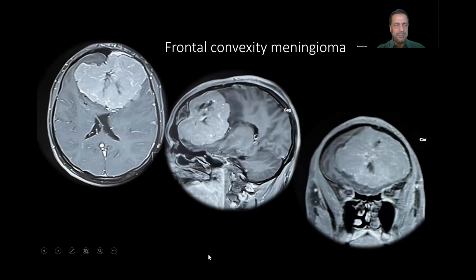Now, this is a typical case of a large convexity meningioma, which is invading through the falx into both of the hemispheres. And probably the origin is somewhere around here in the frontal bone, because you can see that the bone has been exophytated, and it's invading into the tumor.